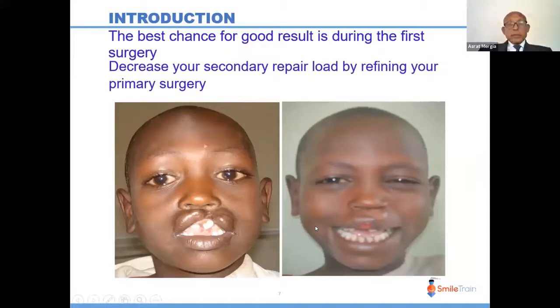So the reason I'm very much interested in this presentation on repairing the Vermilion deficit is because, let me take you back a little. About 15, maybe 20 years ago, I was in Bergen, Norway.